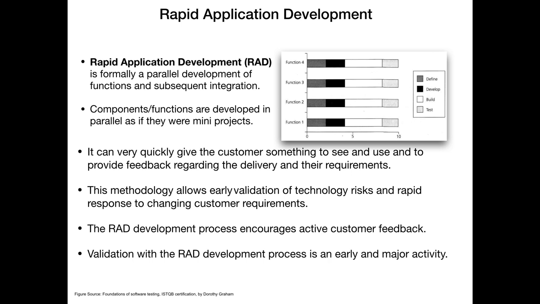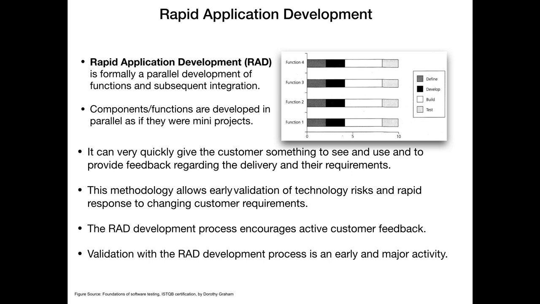These mini projects mean you divide the whole project into small pieces, and each iteration you develop one part, and then it is very quickly given to the customer to see and use and to provide feedback very fast.